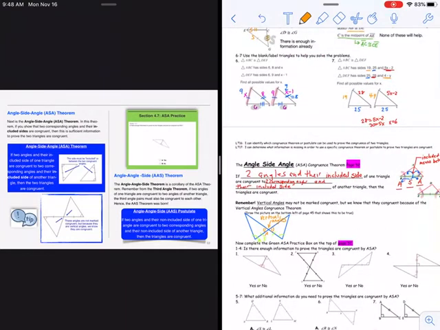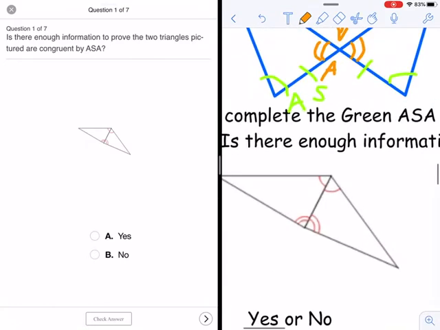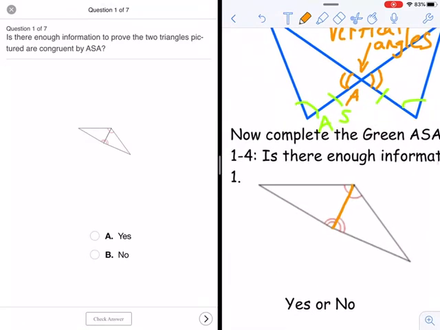All right. So now we're going to complete this green box right here. Is there enough information to determine if these triangles are congruent by angle side angle? So if we just focus on this, we have an angle, we have an angle. Also, we have this shared side. So again, we have to be so good at identifying this shared side. It's yes.